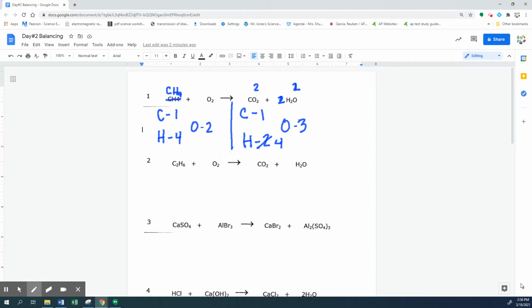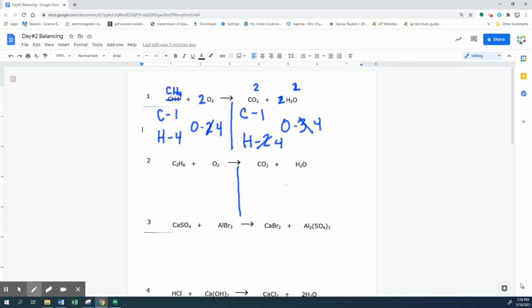So I have 2 plus 2, 4 oxygens now. In order for my reactants to balance, I need a 2 as a coefficient in front of my oxygen. And everything is balanced. 1, 4, 4, 1, 4, 4 with coefficients of 1, 2, 1, 2.